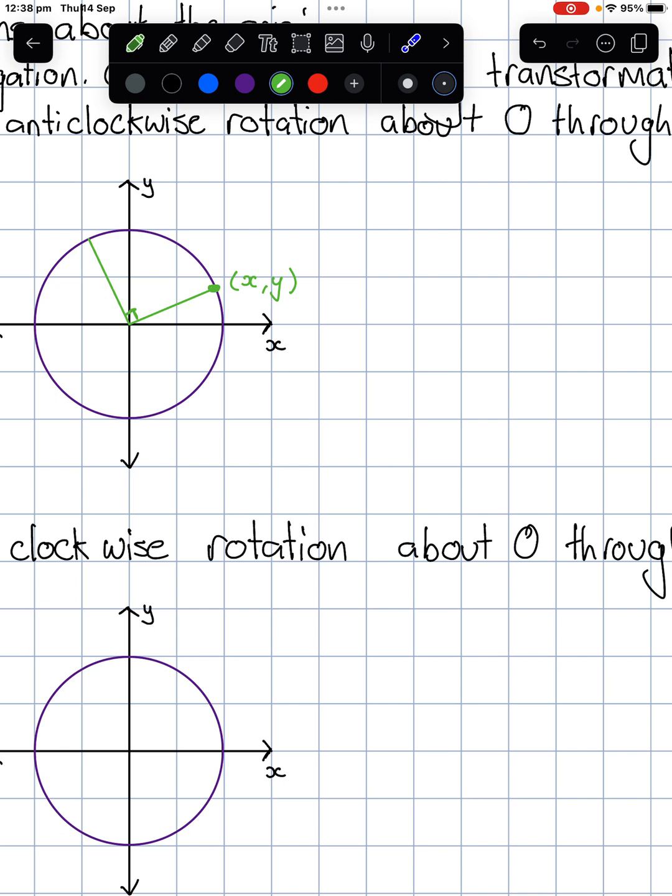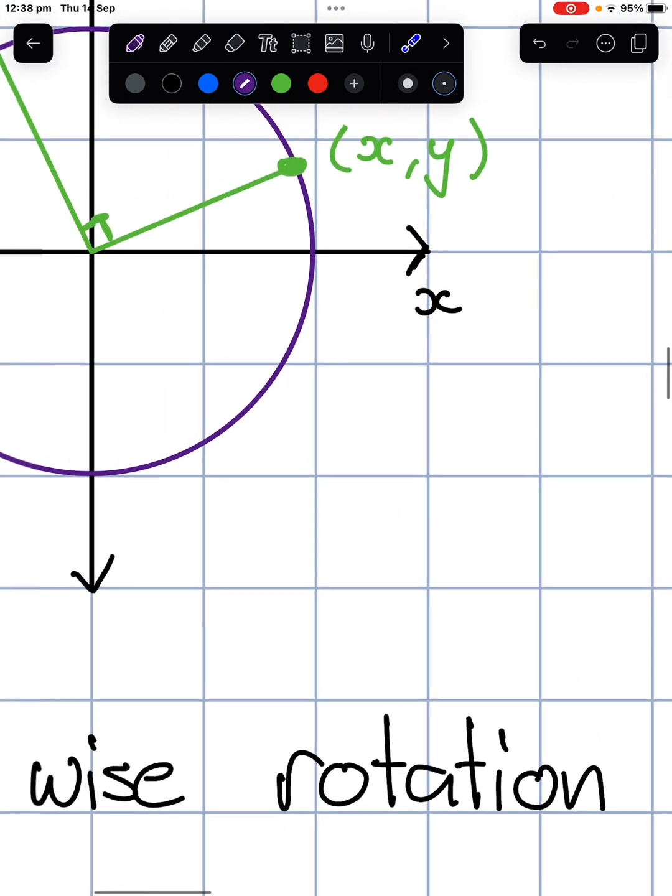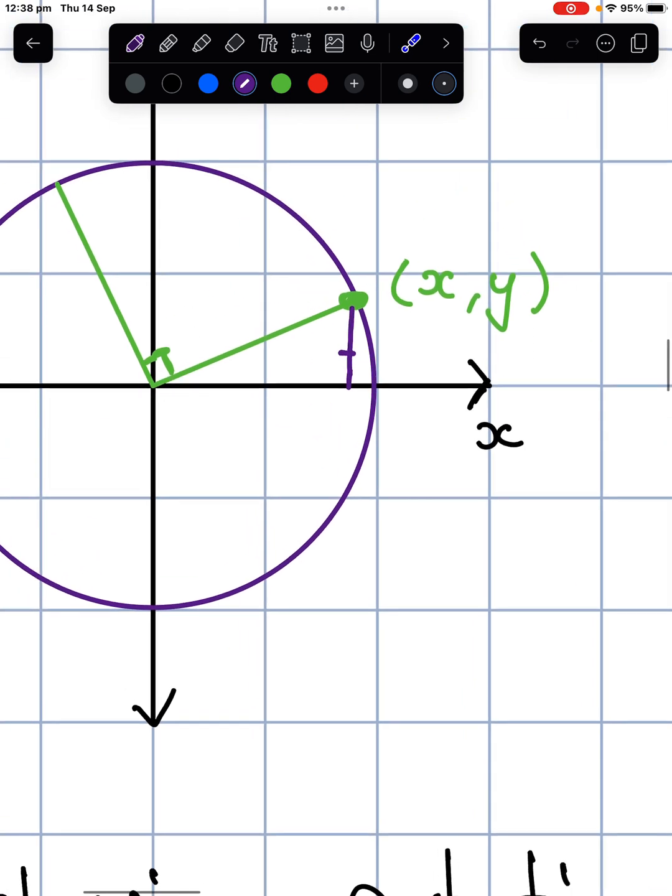What you've got to remember here is that this angle here would be the same as this angle here because of the 90 degrees section of it. If we consider this triangle, what we would find is this little bit here would be equal to the same distance as this little bit here.